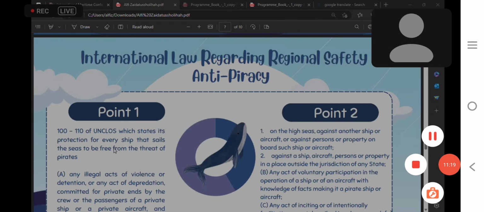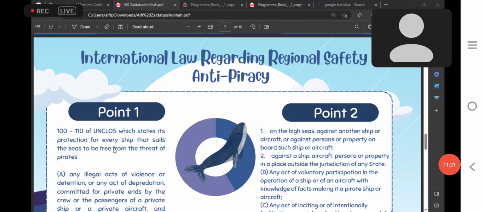Piracy is a real threat to shipping around the world. Article 101 of UNCLOS regarding the definition of piracy is explained through the following description.